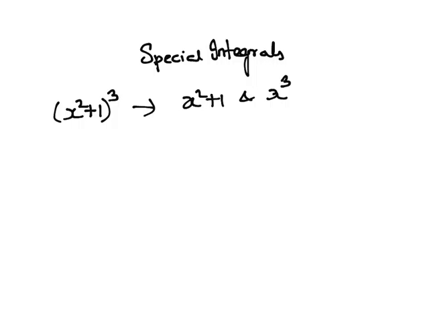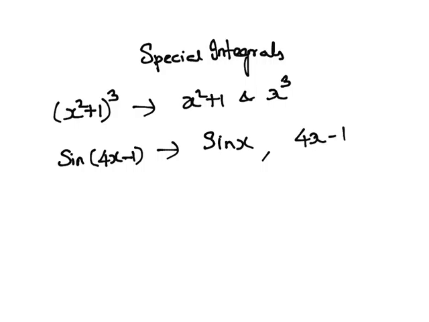If I take, for example, sine of 4x minus 1, this is the composition of two functions. One function is sine x and the other function is 4x minus 1.